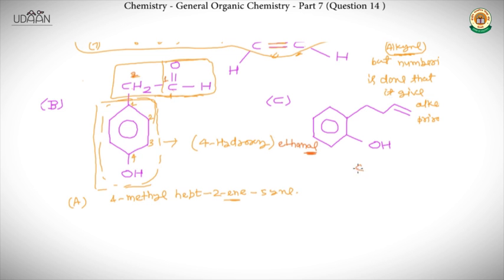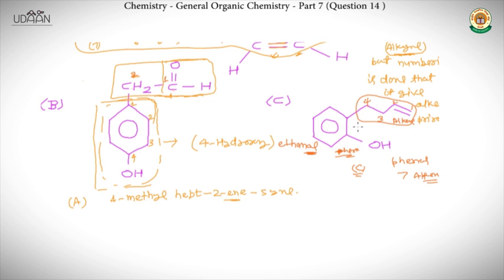In the C part, the same thing, alkene plus this group, phenol. Now, phenol is given preference over alkene here, because there are only 4 carbons in this.